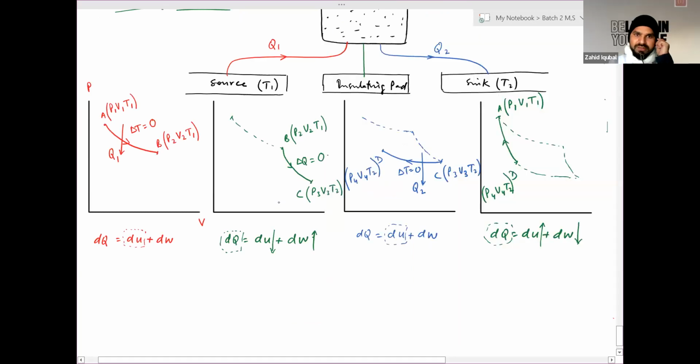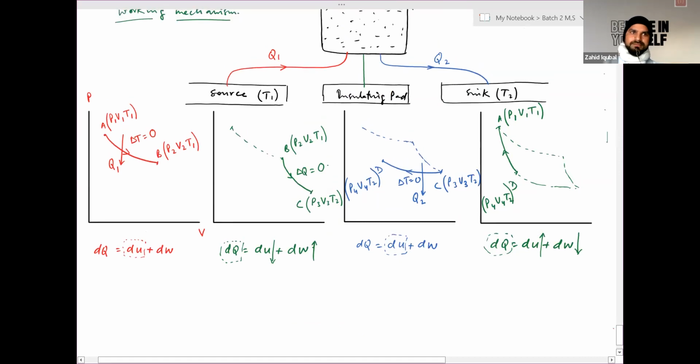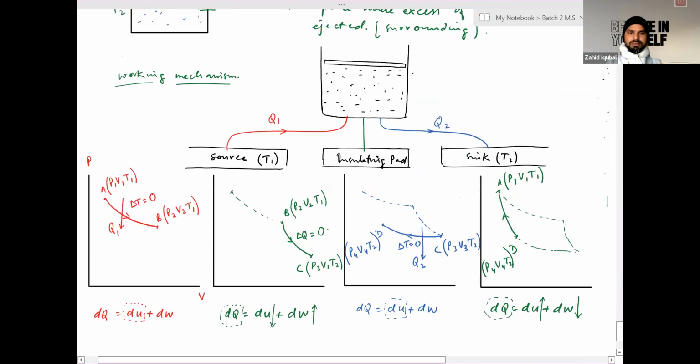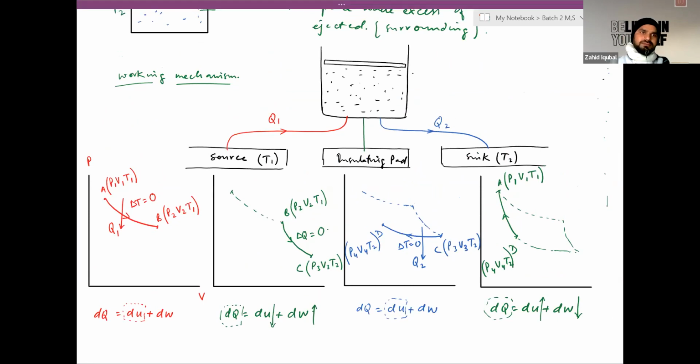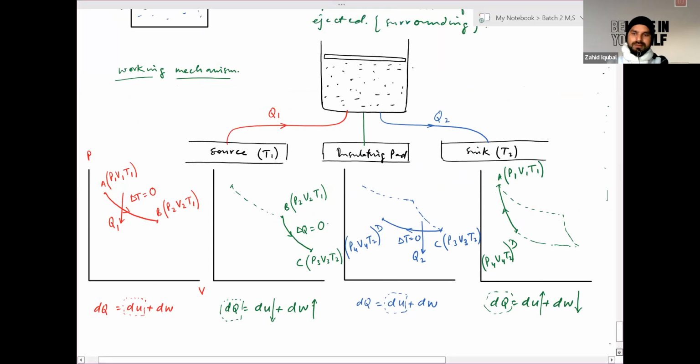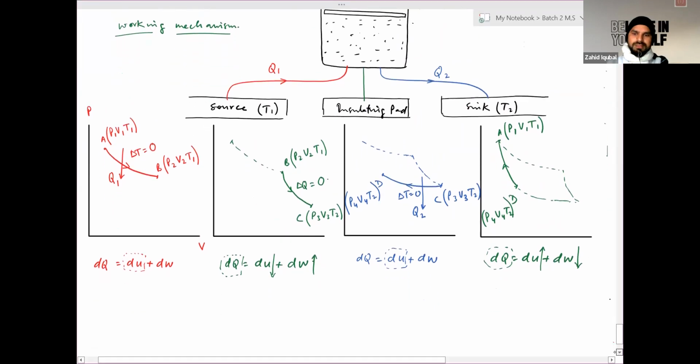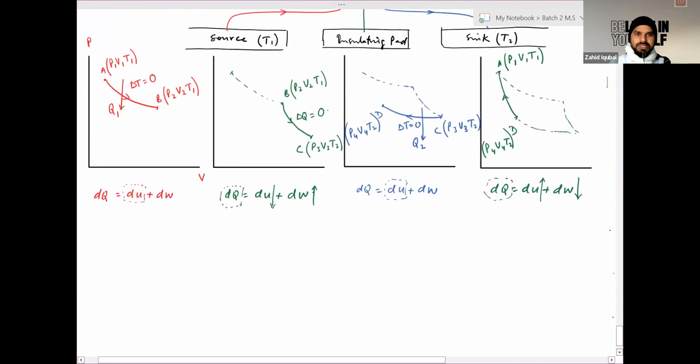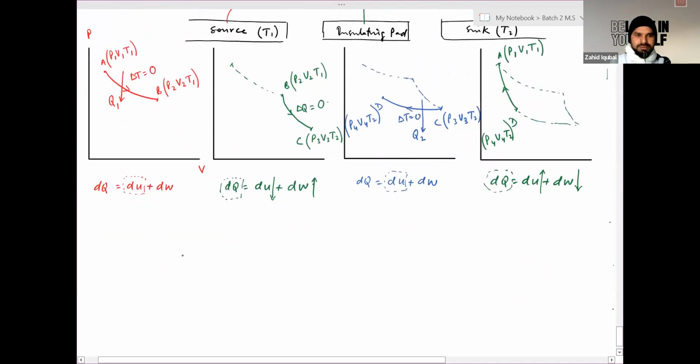The last part we did in the last class is about the heat engine, the working mechanism of a heat engine. From this, we have to calculate the net work done during this entire process.